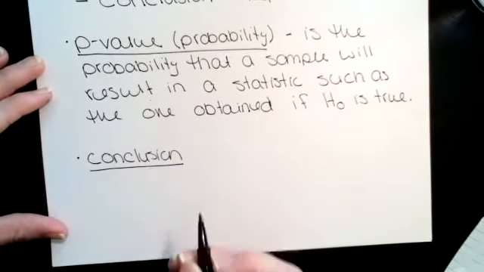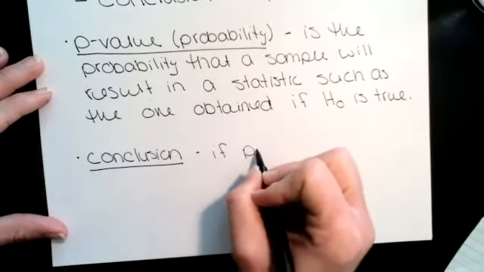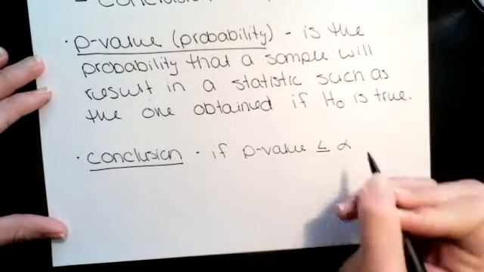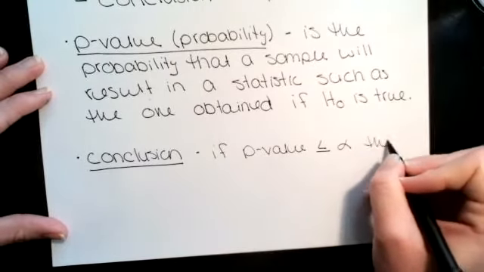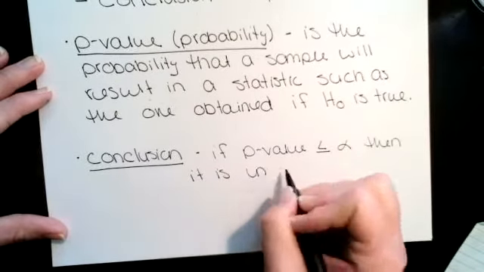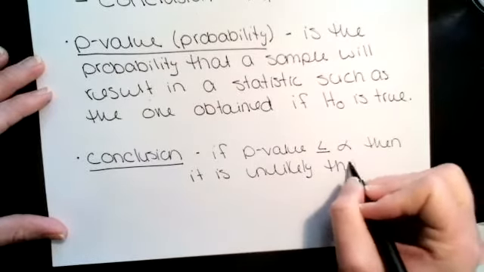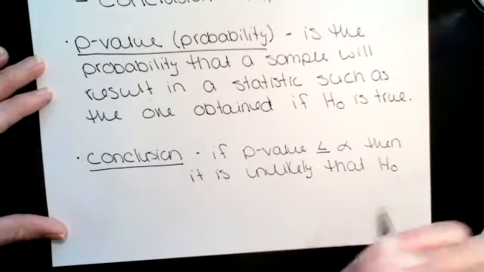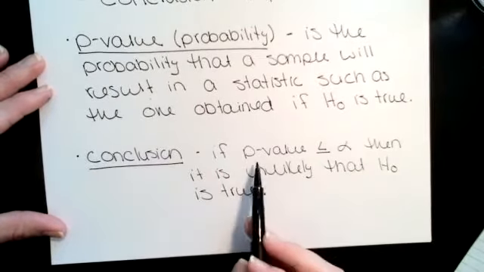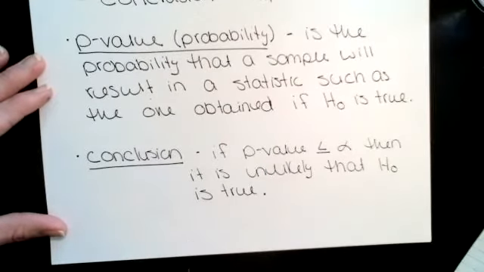So the conclusion, what we're going to do today is we're going to see if the p-value, my probability, is less than or equal to alpha. If it is, then it is unlikely that the null hypothesis is true. So if my probability is small, that means my test statistic was far from the center.